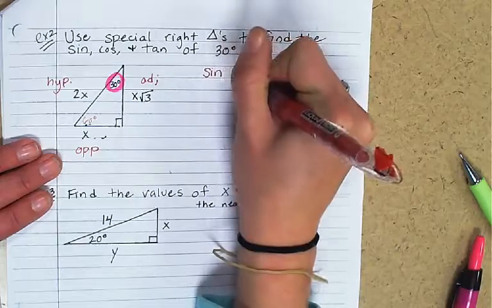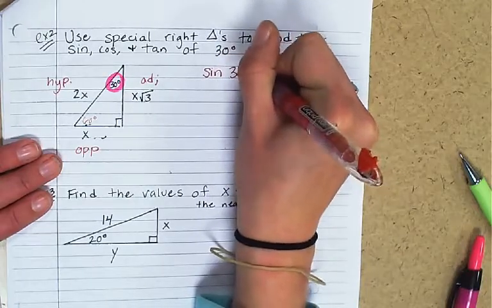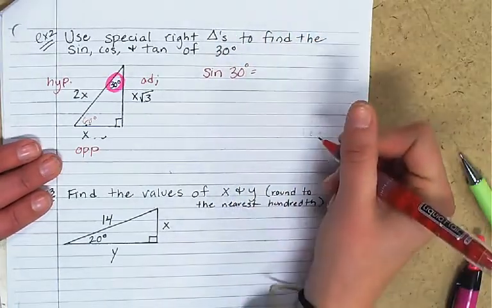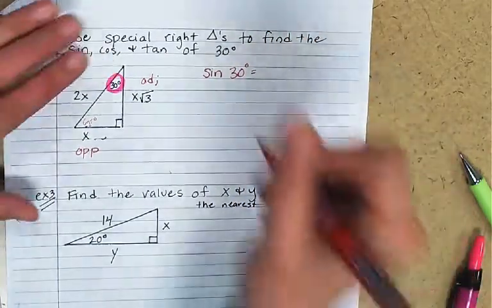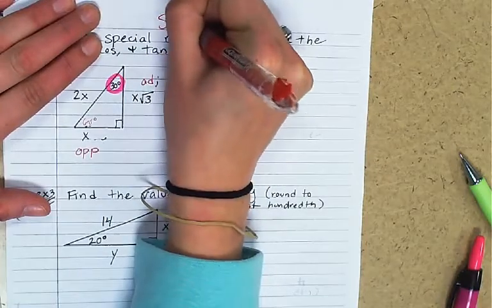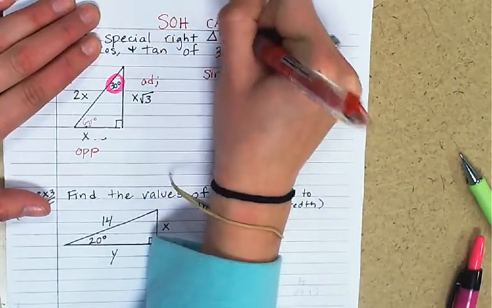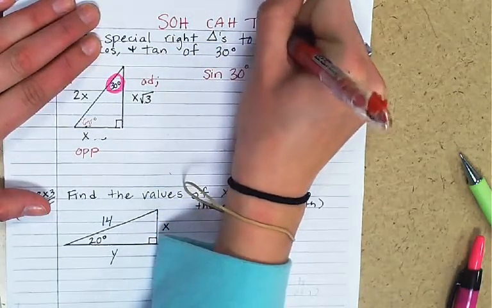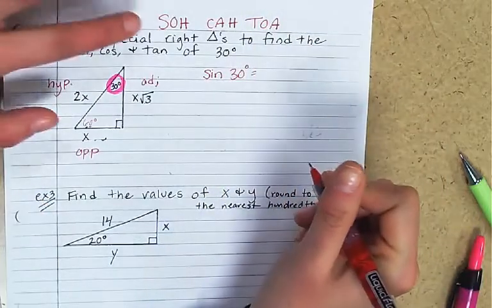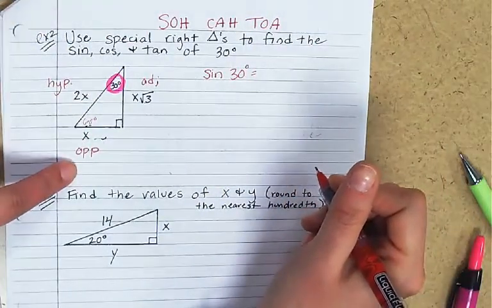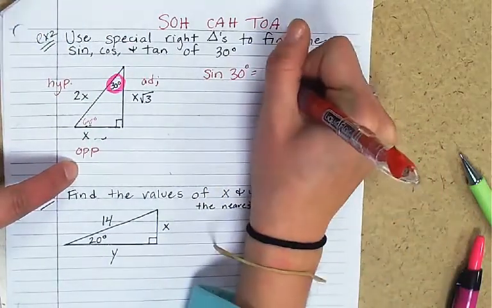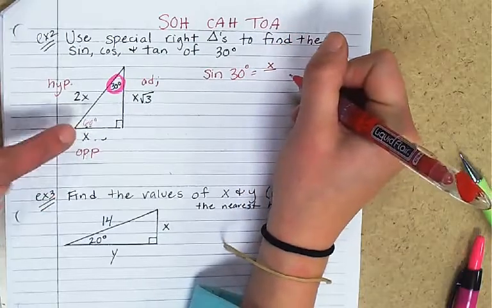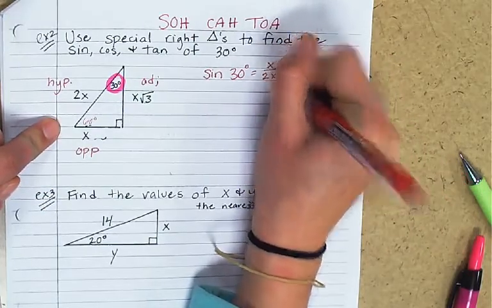So you always do, sine goes with the angle measure. So sine of 30 degrees is the opposite, so x, over the hypotenuse, 2x.